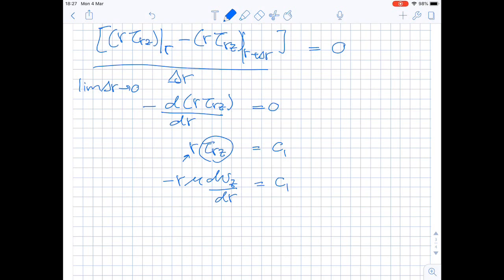Notice that I removed this minus initially because the right hand side here is 0, but the minus here appears again from Newton's law of viscosity.